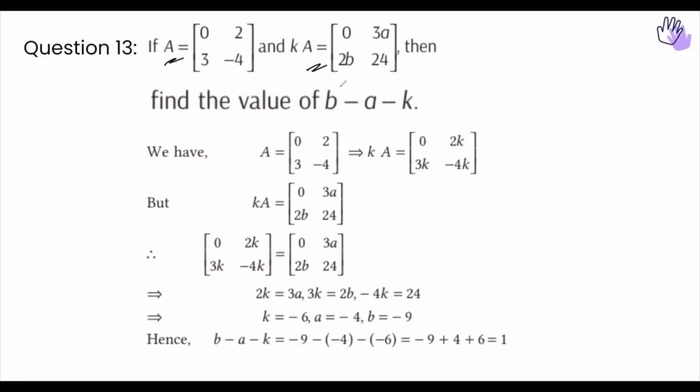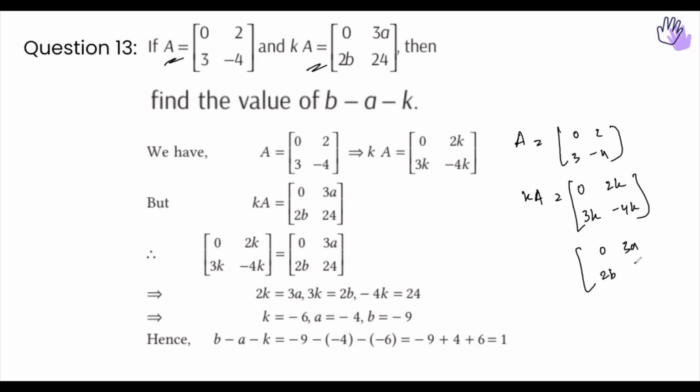If A is this, then K times A, where K is a scalar or constant, will be 0, 2K, 3K, minus 4K, isn't it? That is K times A. But they have given K times A to be 0, 3A, 2B, 24.